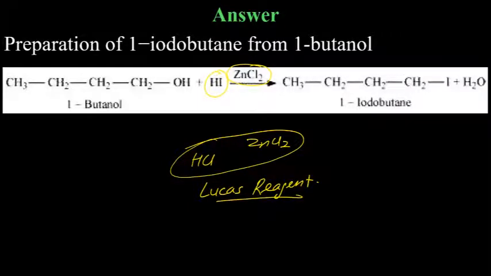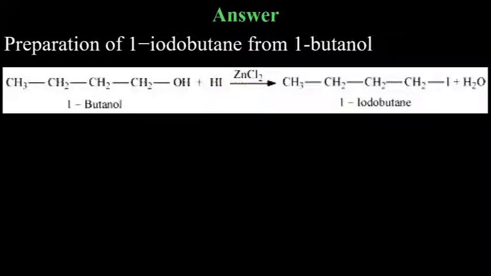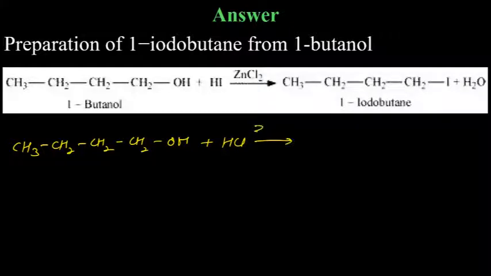Now, this is just a way to do it, but a better answer in this case will be that first you convert CH3CH2CH2CH2OH using Lucas reagent to chloride, because iodide is not produced in good yield.